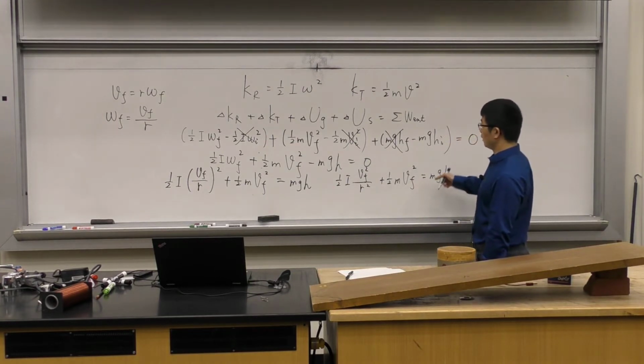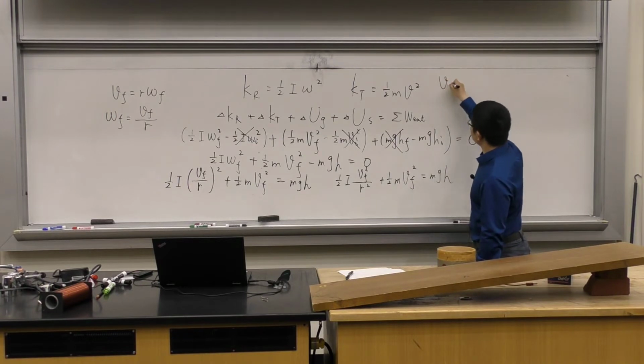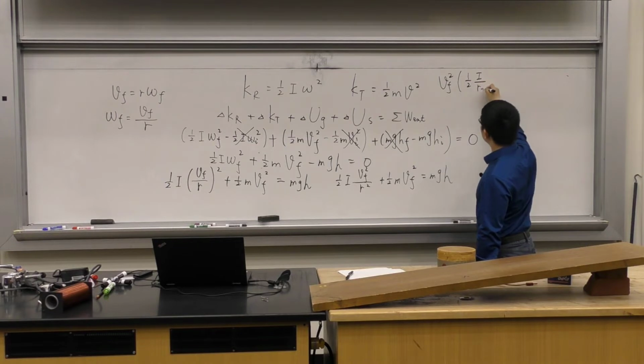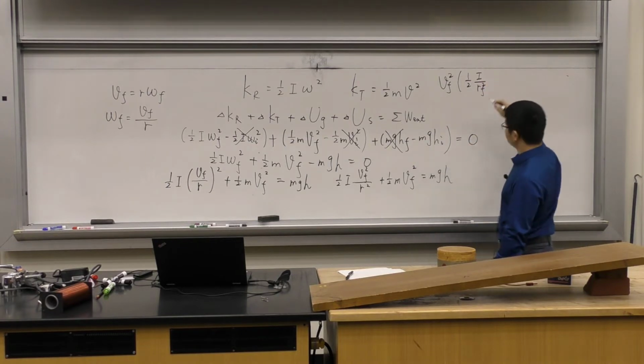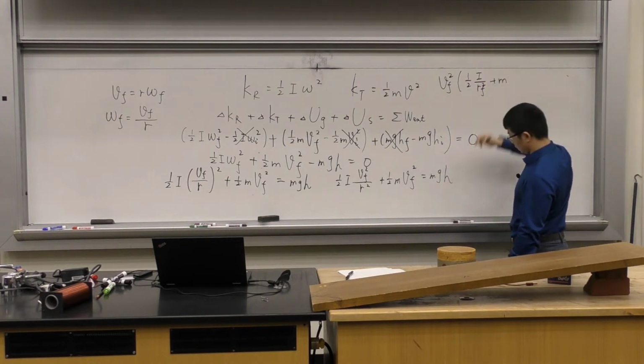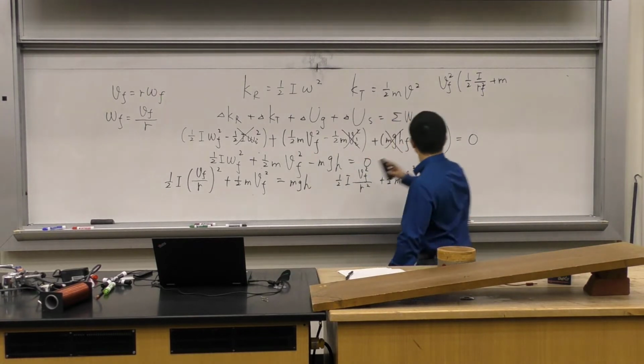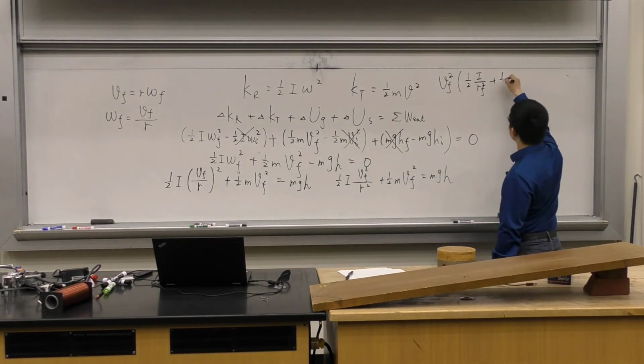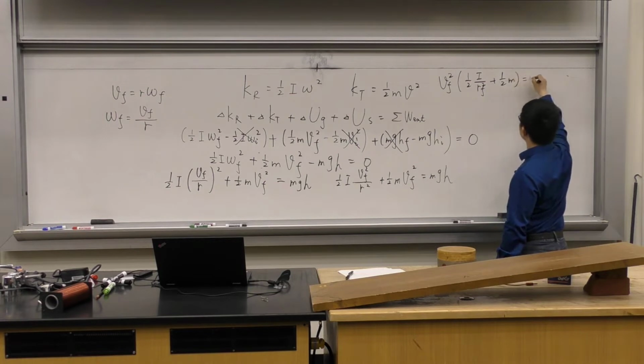If you factor it out, you would get VF squared times (1/2 I over R squared plus 1/2 M) equals mgh.